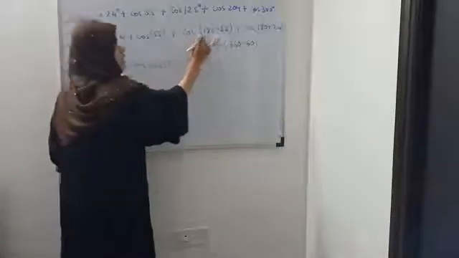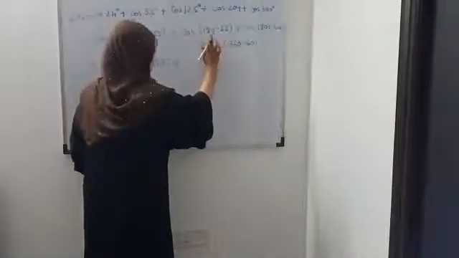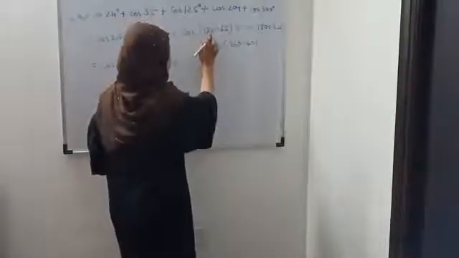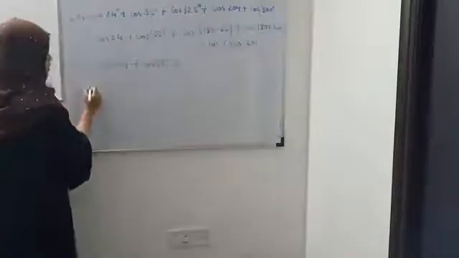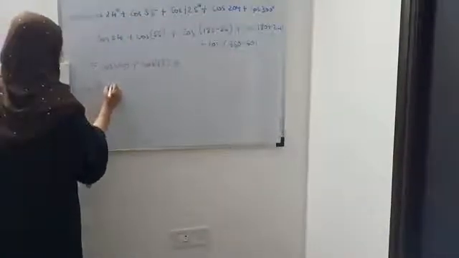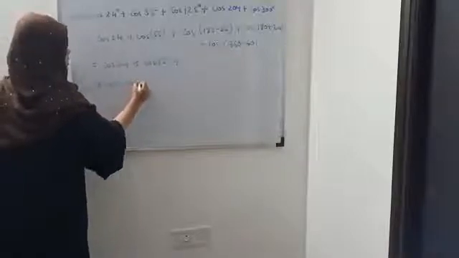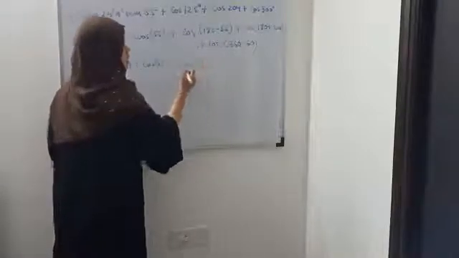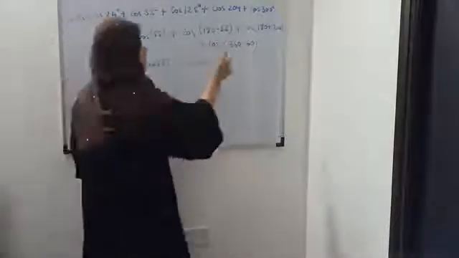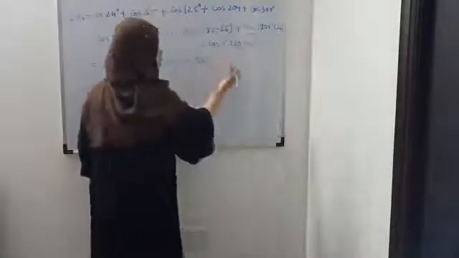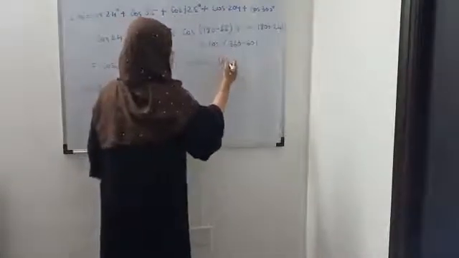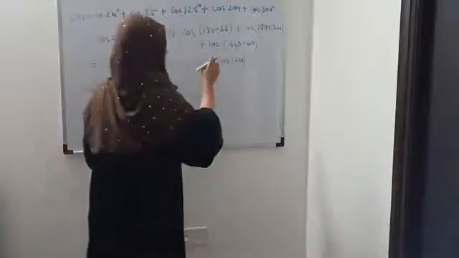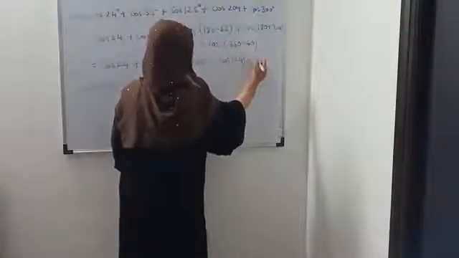Now cos 180, we have to use the allied angle formula, right? So here 180 is there, pi minus theta. So cos(pi minus theta) is minus cos theta, so here it will be minus cos 55. Similarly, cos(180 plus 24) will also be minus cos 24, isn't it?